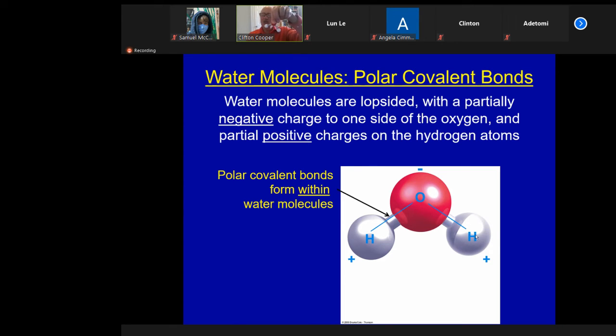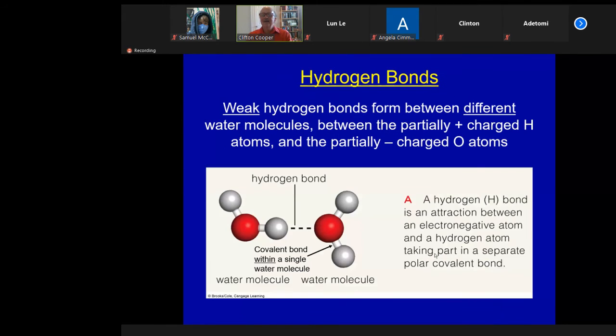The hydrogens are losing the electrons, and they're getting a little bit positive. So oxygen negative, hydrogens positive. So water molecules have a negative end and two positive ends. And as a result, they form hydrogen bonds with each other.